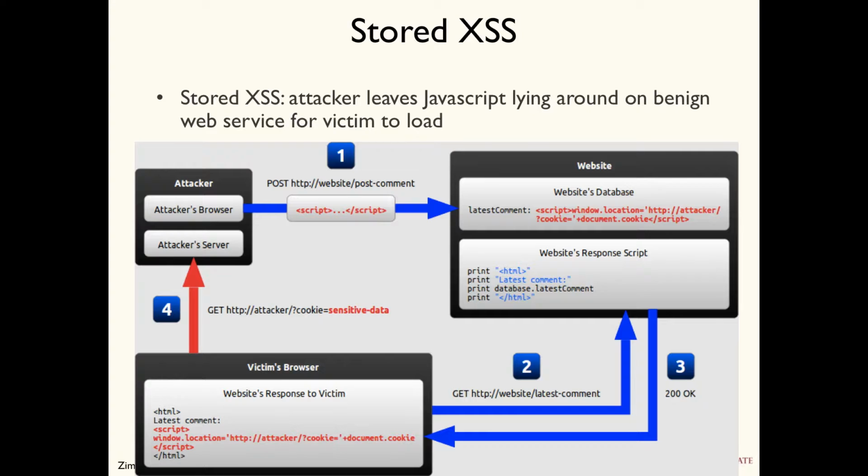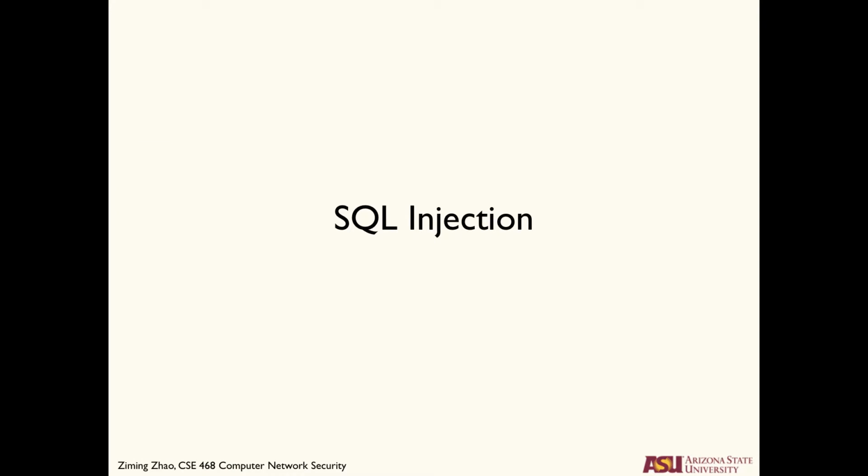Then that piece of code can do the same thing as we discussed before. They can steal cookies, or they can try to exploit another level of vulnerability. So this is how attackers can inject code to the client side.